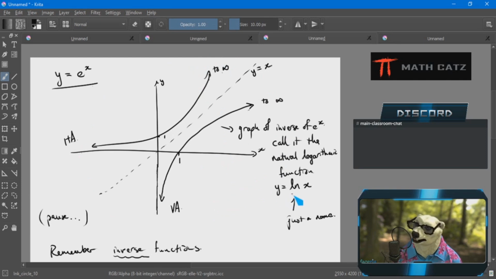It exists. It's connected to a function I already know, but I just have to name it. So someone somewhere decided on the word logarithm. Natural because it's base e. ln is the name. It's just a name. Okay.